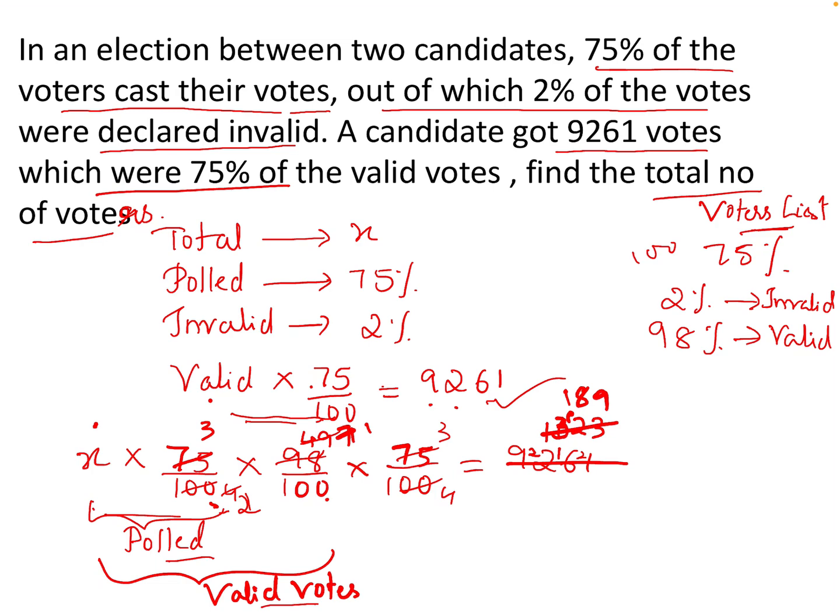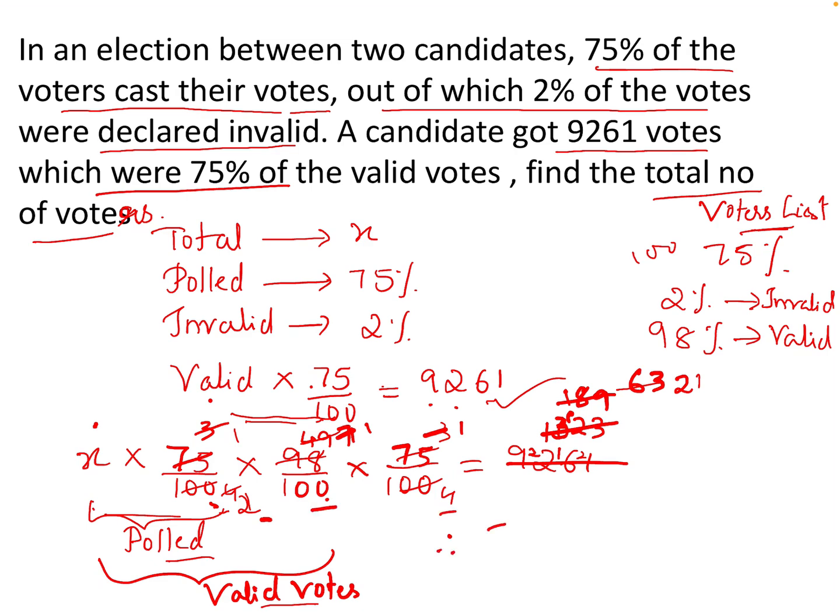Okay. Next, 3 1s are 3, 6 3s are 18, 3 3s are 9. Okay. Again 3s we cancel, 3 1s are 3. Okay. Next, here 2 is here, 100 is there, and 4 is here.